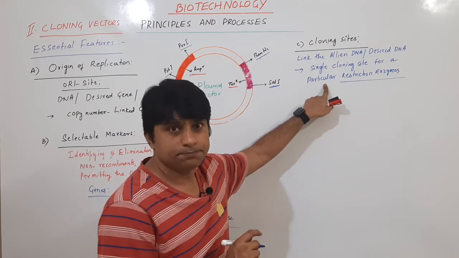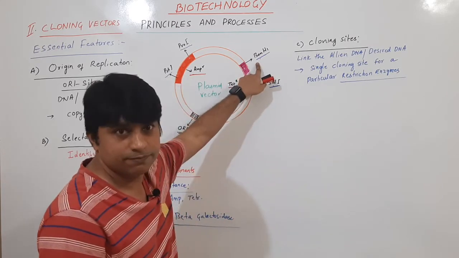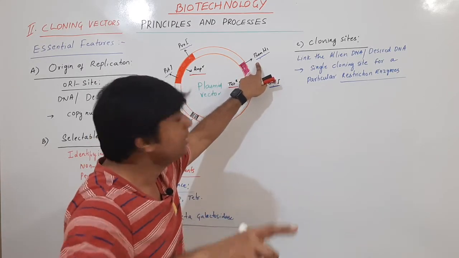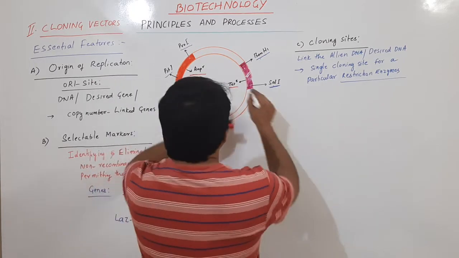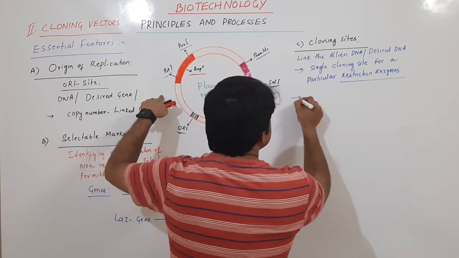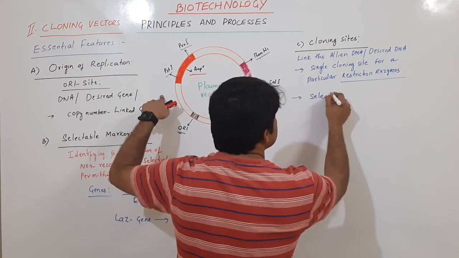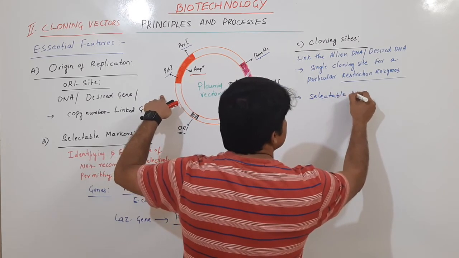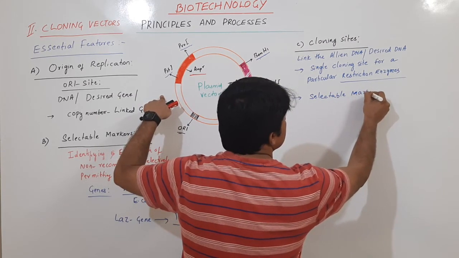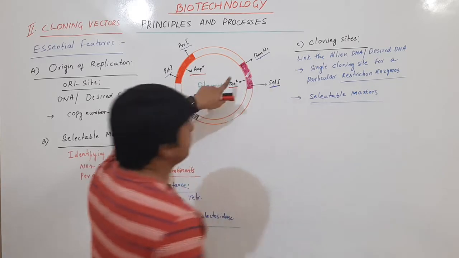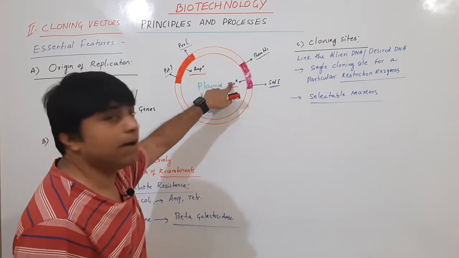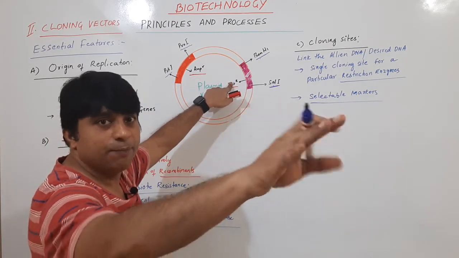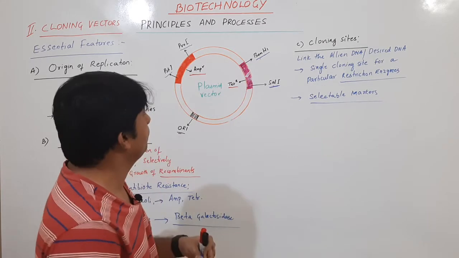And also, these cloning sites or restriction enzyme sites must be located on any one of the selectable markers. Where must they be present? On any one of the selectable markers.